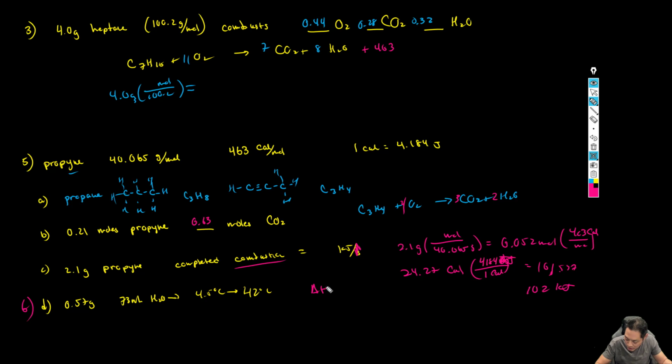So delta H is equal to 73 grams times 1 times 42 subtracted by 4.5, 37.5 times 73.